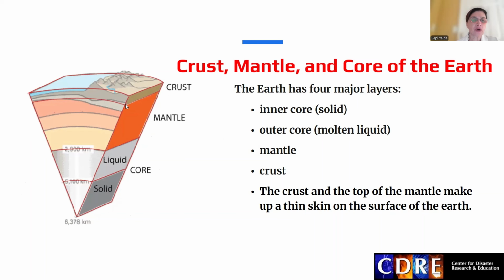And of course, we have the crust, which is really important, that surface layer that we're familiar with. And what's interesting about this crust layer, or the top part of the mantle, is that it creates a thin skin on the surface of the earth.